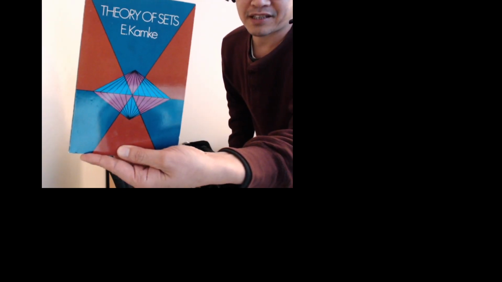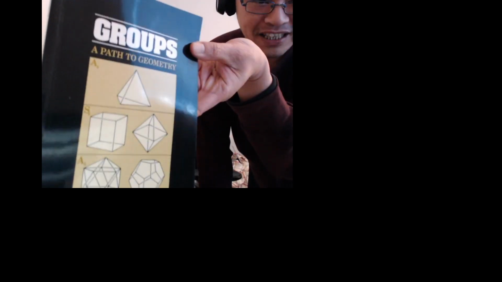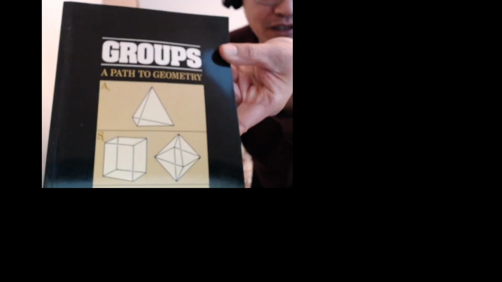Theory of Sets. I have had this book since the 1990s. And Groups and a Path to Geometry. I don't like this book. Actually, come by. The things I don't want, I throw them away, so you guys can have it.